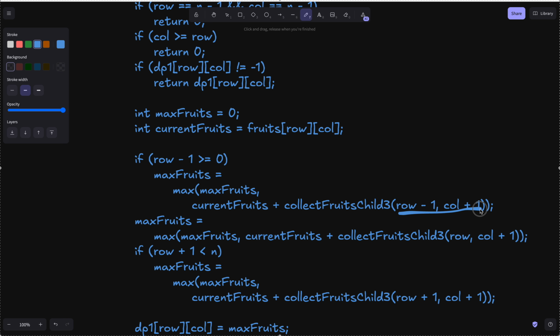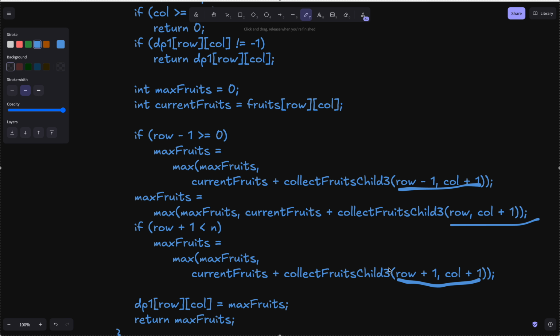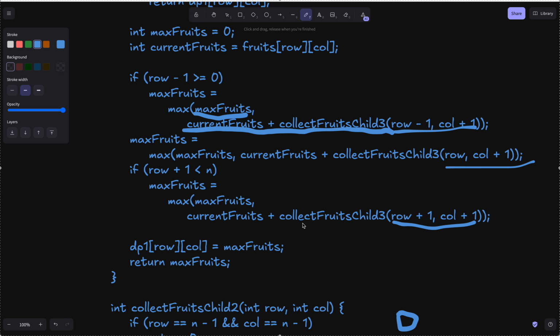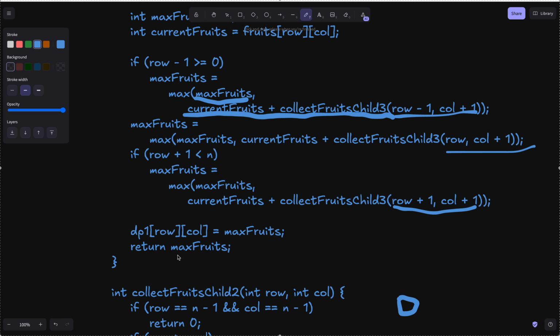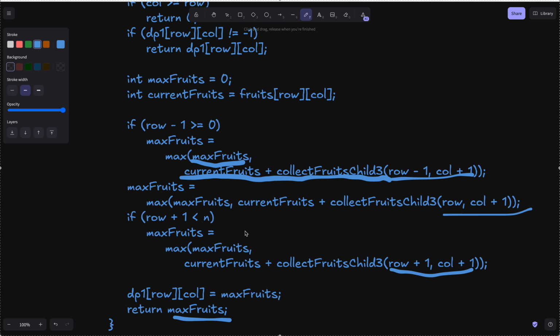We have maximum fruits as the maximum value we have stored, and the maximum of current fruits plus collecting the fruits from the other room, which is at i minus 1, j plus 1. Similarly, i, j plus 1 and i plus 1, j plus 1. Checking all these three conditions, we return the maximum fruits which we got from child 3.